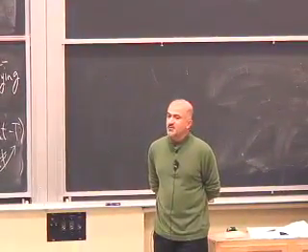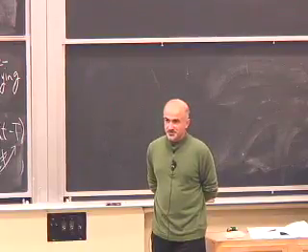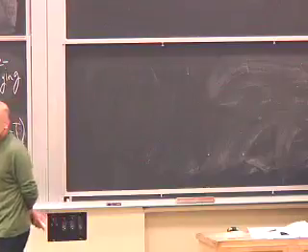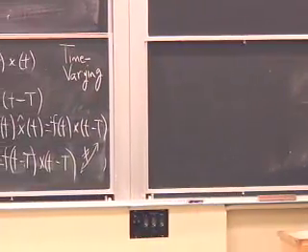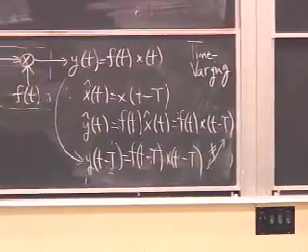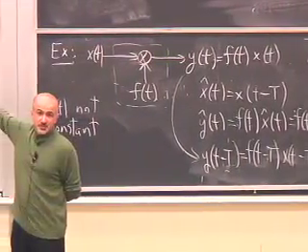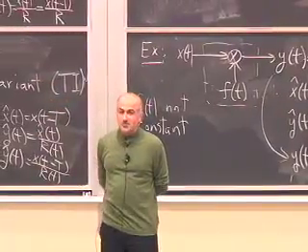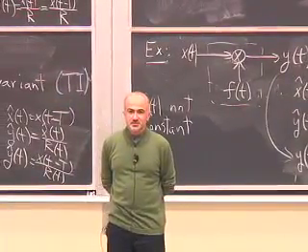And you'll explore all this in a problem set. Very good question. I mean, that's exactly the kind of questions I'd like you to ask. If a capacitor has an initial charge, you already know the answer. We've done the quasi-linear system, right? But we haven't discussed its time invariance.